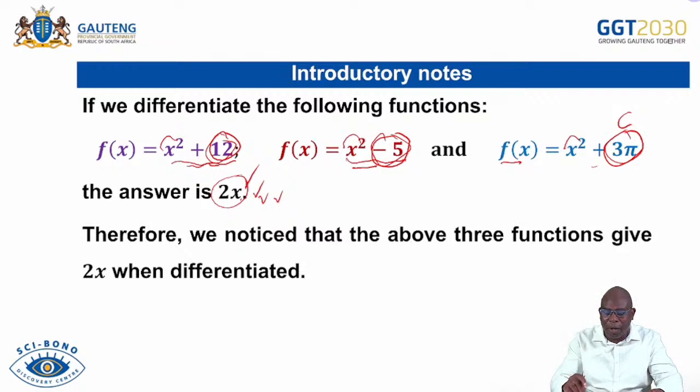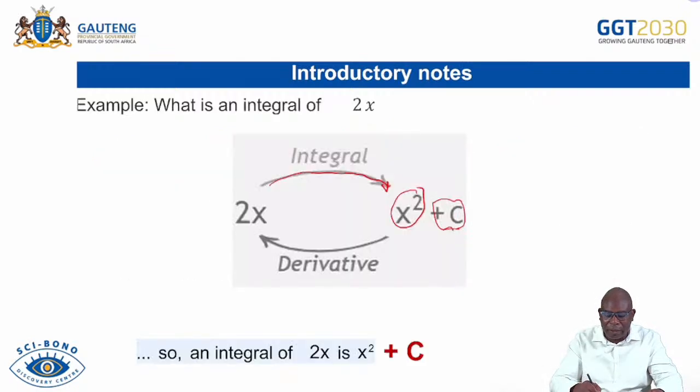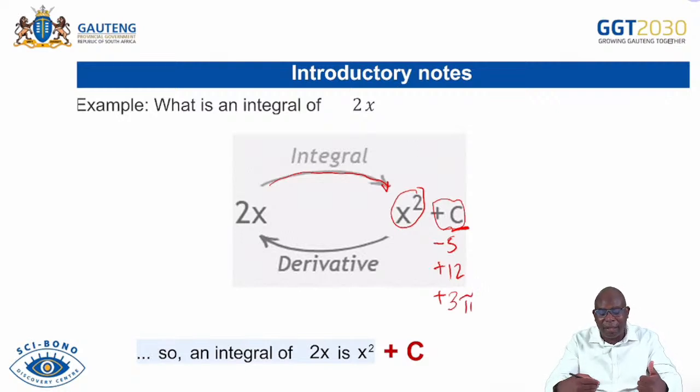So that is why we are going to use the letter C for constant. We don't know what that will be. This C might be -5, it might be +12, it might be plus 3 pi, it might be anything. So that's why when we integrate, we use the letter C. So the integral of 2x is x squared plus C, which is the constant, because we don't know what that value will be.